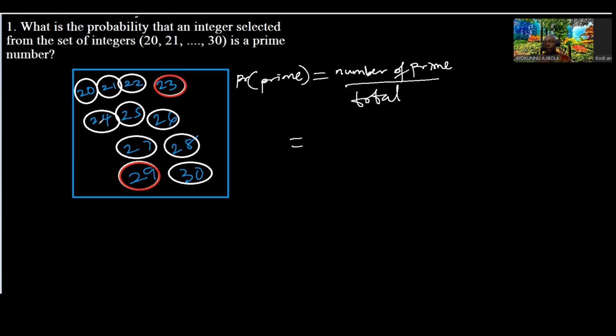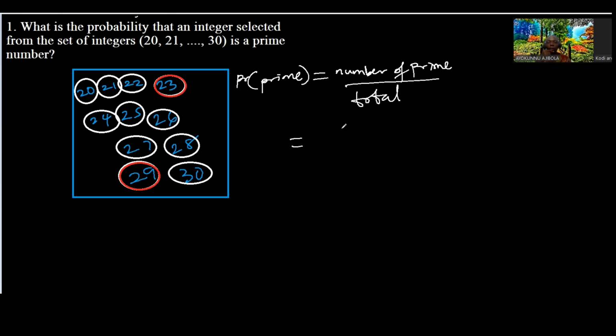Then 24 has a lot of factors like 2, 3, 4, 6, 8, and 12, apart from 1 and 24. 25 has 5 apart from 1 and 25. 26 has 2 and 13. 27 has 3 and 9. 28 has 2, 4, 7, and 14. Then 29 doesn't have any. 30 has other factors like 2, 3, 5, 6, and 10.